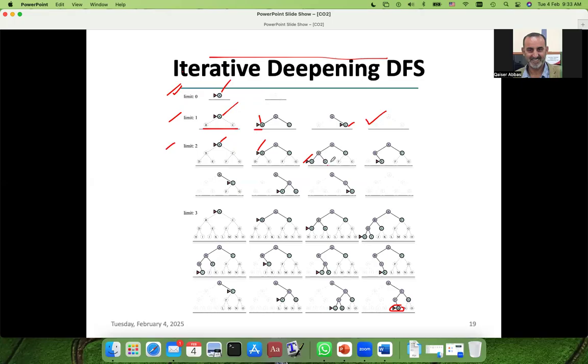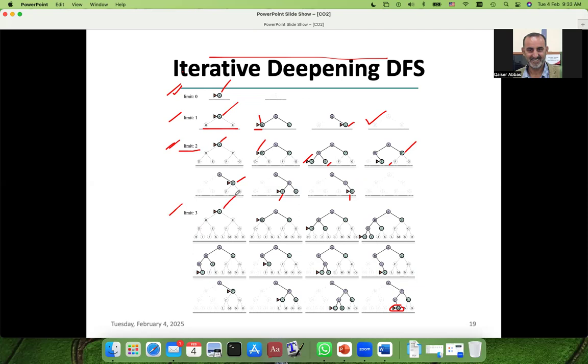No. Then is E a goal? No. Then according to depth first, it will come to this C, expand it, and check whether F is a goal, no. Then G, no. If it is not finding, then in the next step, it will increase the limit to 3, and then it will start again.